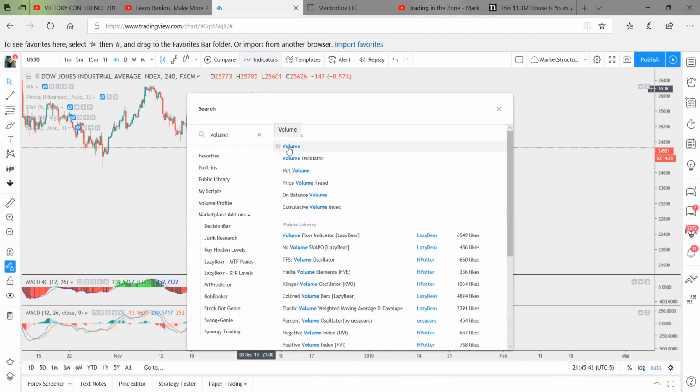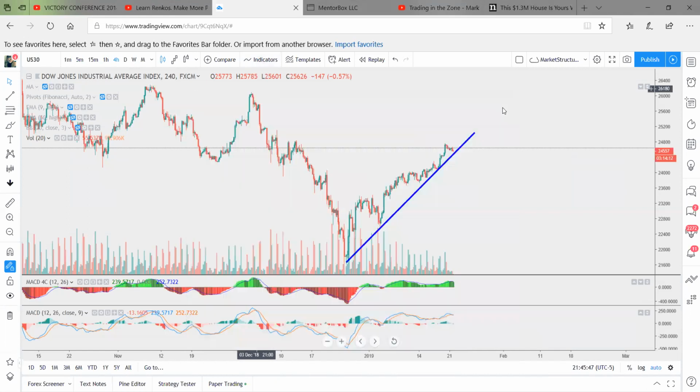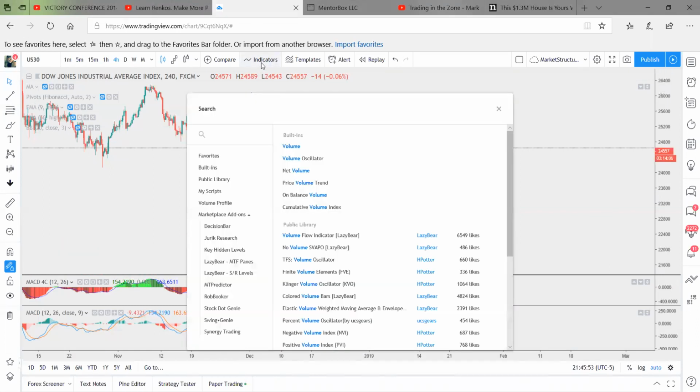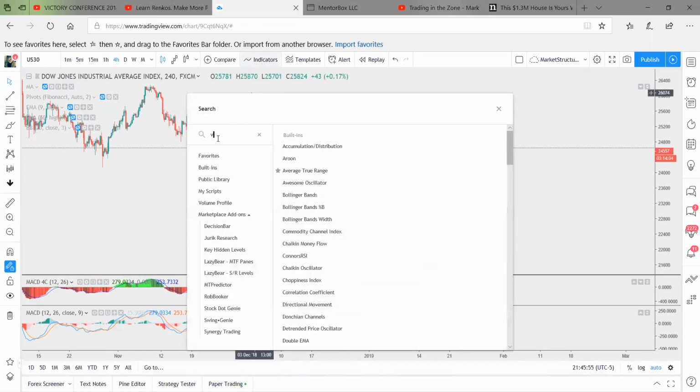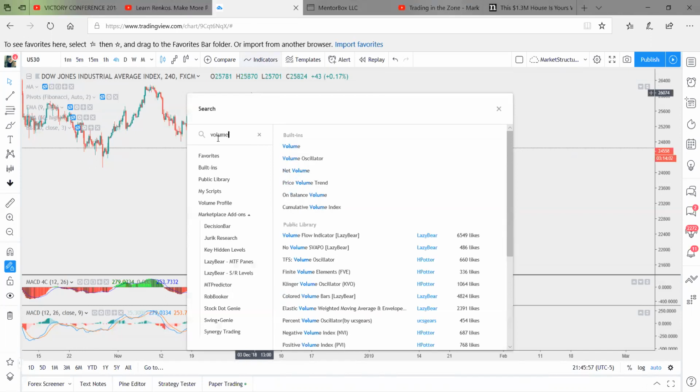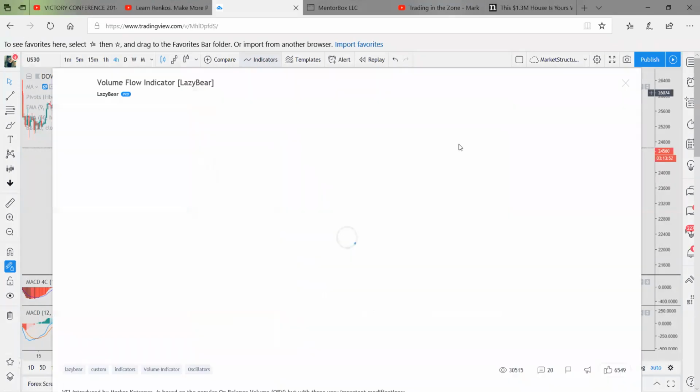Like right here, you got that one down there you can use. You can just play around with volume indicators and choose the one that makes sense to you. Net volume, people create their own, and you can try them out. You can click here and it will describe it and tell you more about it.